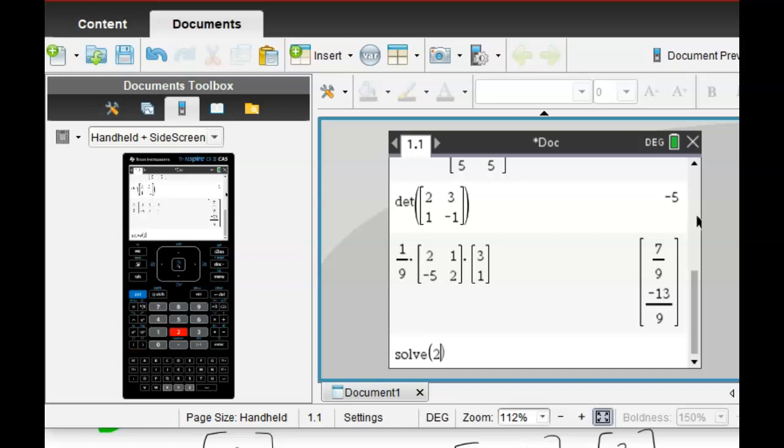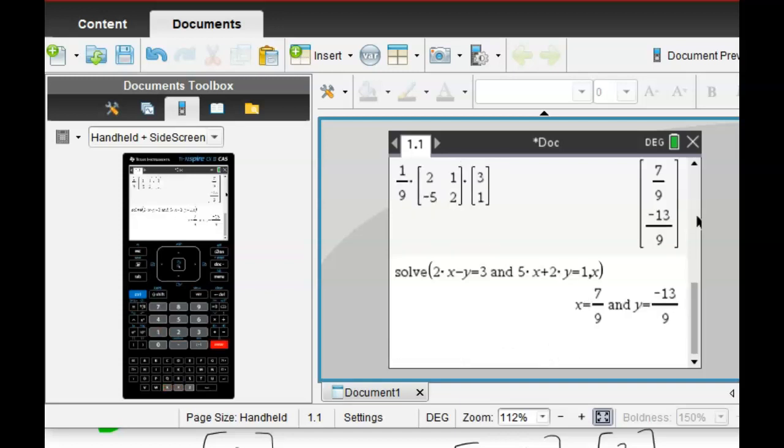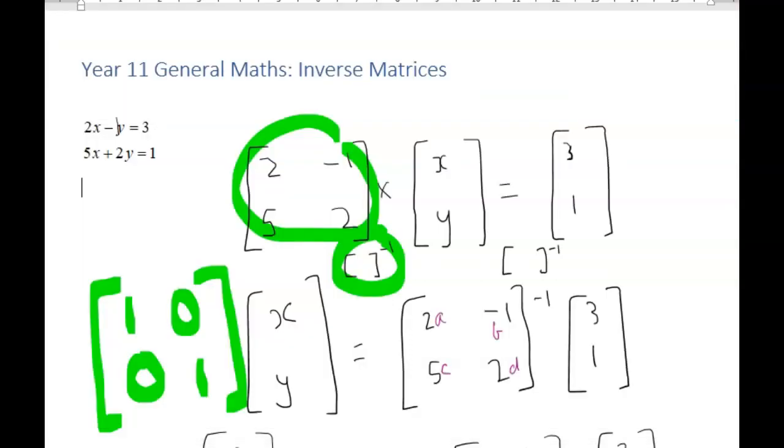So what do we got? 2x minus y equals 3 and 5x plus 2y equals 1, comma x. And this is always the scary part, pressing enter, but you can see there are your answers. Okay, so the good thing about matrices is you can always check your answer. The bad thing is you need to know how things work, so make sure you can do it by hand.